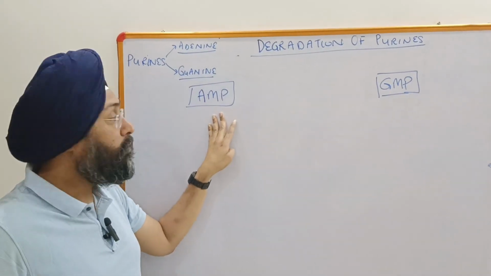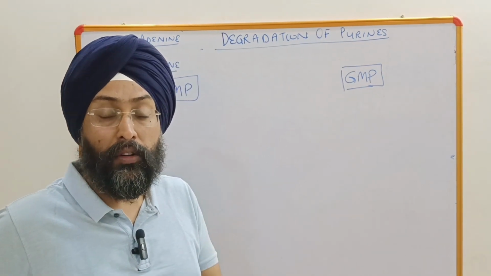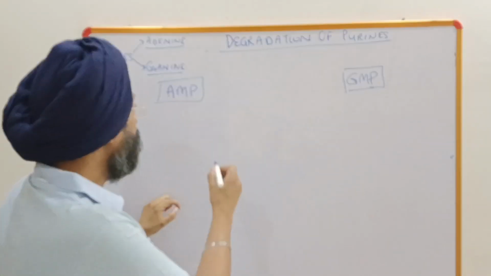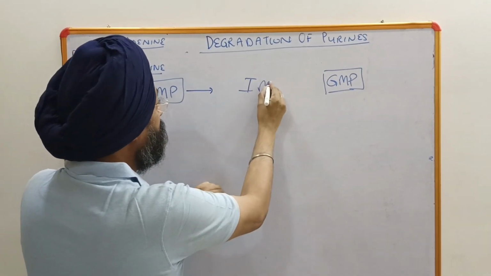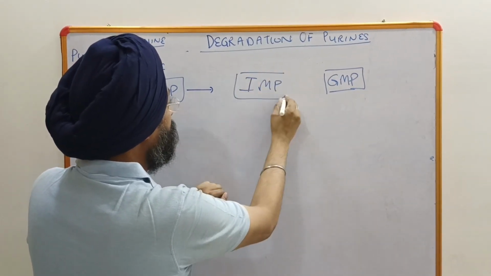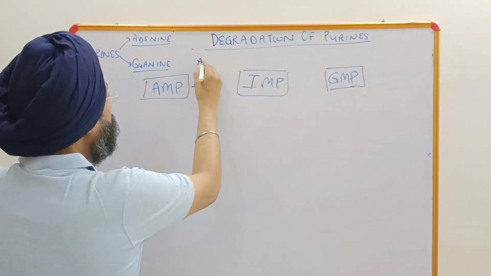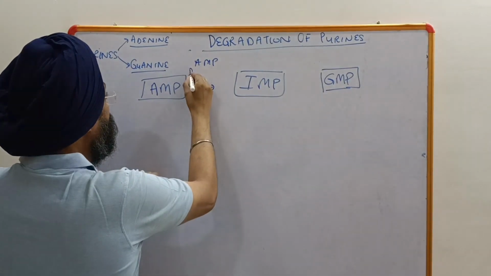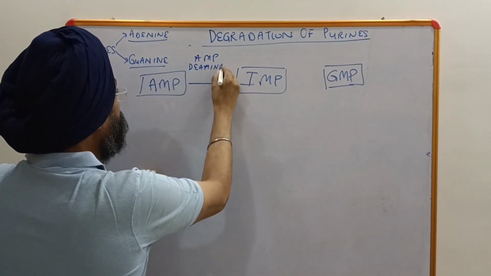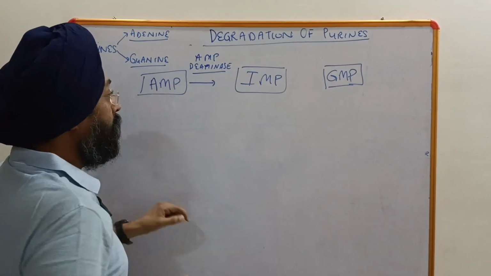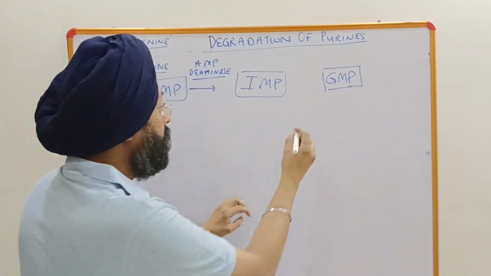Now we have the principal molecules AMP and GMP that will finally degrade to form uric acid, right? So AMP during catabolism is first converted into IMP by AMP deaminase, right? So now these three molecules will finally lead to the formation of uric acid, right?